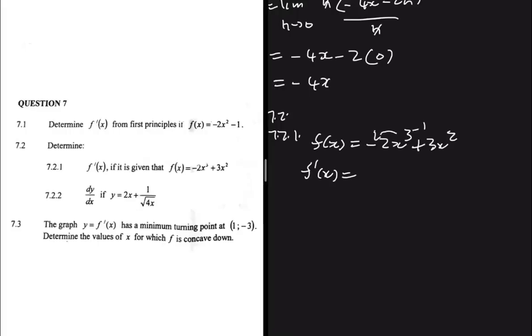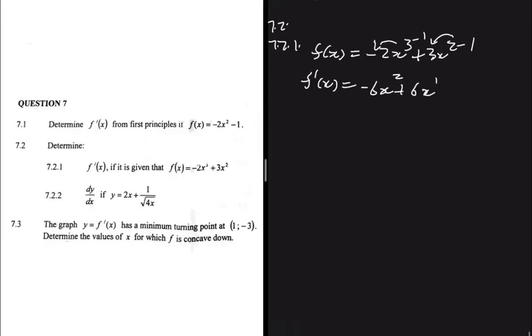So minus 2 multiplied by 3, that will be minus 6, and then x to the power 3 minus 1, which is 2. Then the same thing, 2 multiplied by 3, we get 6, and then for x, we subtract 1 from the power. So we just have x to the power of 1, right? So that is our answer for 7.2.1, minus 6x squared plus 6x. Right, that checks out.